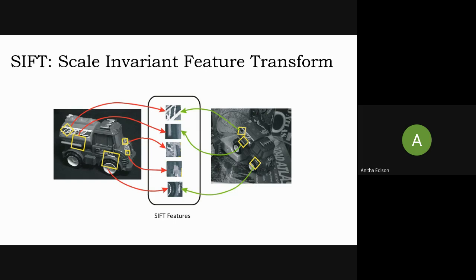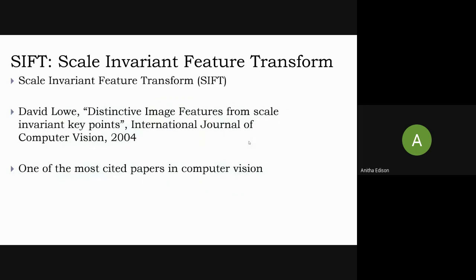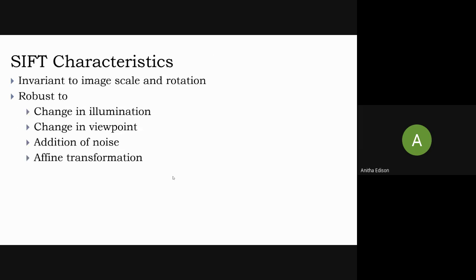And SIFT is one of the most prominent features. It was the most cited paper in computer vision for some time. I don't know about now, but SIFT was introduced by David Lowe in 2004, and it was one of the most cited papers in computer vision. It is also a patented feature descriptor.